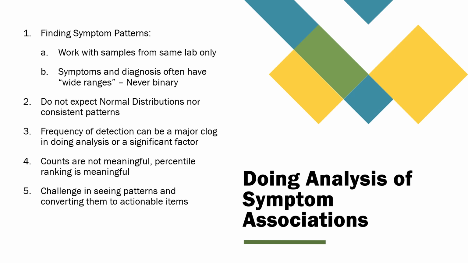And that is something, unfortunately, you're going to have to get some improved understanding of. The challenge is generally seeing patterns and converting them to actionable items, items which you can act on. You can find a pattern, but can you somehow convert that into a way of doing one of two things?